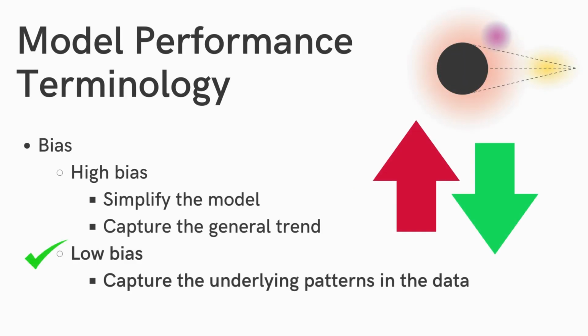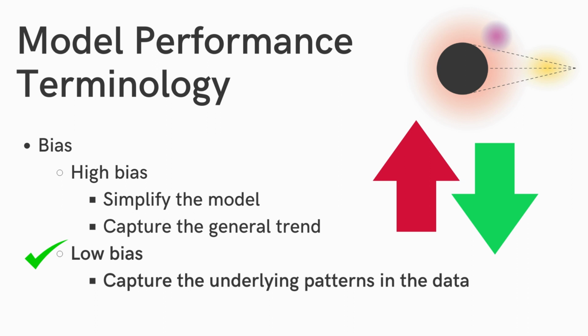this bias variance terminology. The first terminology that I want to highlight in this video is called bias. What is bias? Bias is measuring whether you are capturing the general trends or the underlying patterns in the data. So if your model has a high bias, you generalize the model.